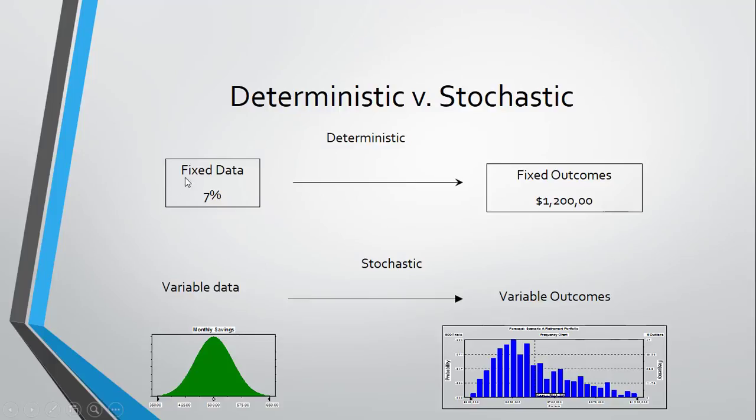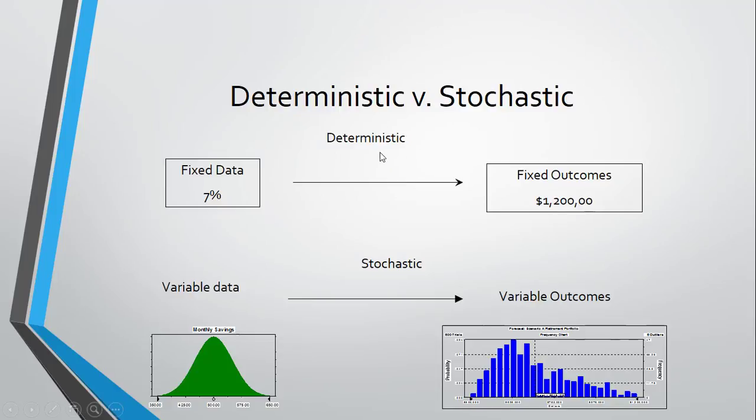If you put down a fixed amount, like $500 a month, and you have a fixed return on interest rate, 7%, then it's deterministic, and you have a fixed outcome. When you retire after 30 years, you probably get $1.2 million in the account, so you can retire comfortably in Florida or Colorado, wherever you want to go.